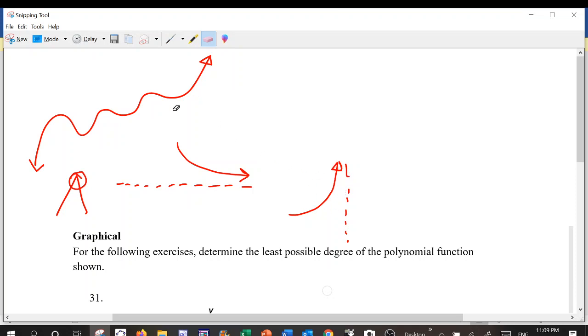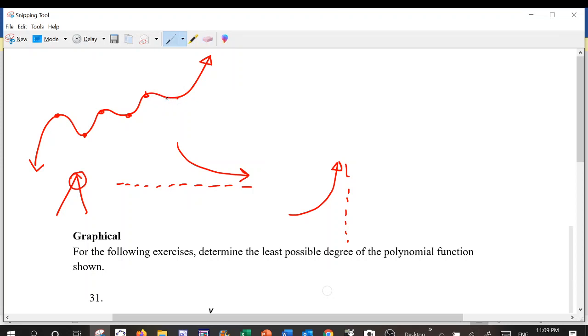So also people realize that depending on the degree of the polynomial, there are what are called turning points. Turning points means the function changes behavior. This is a little bit off, but it looks like it's coming down here and goes up.